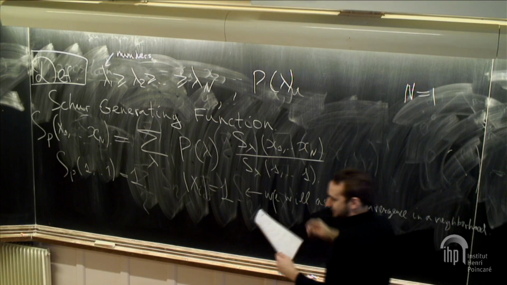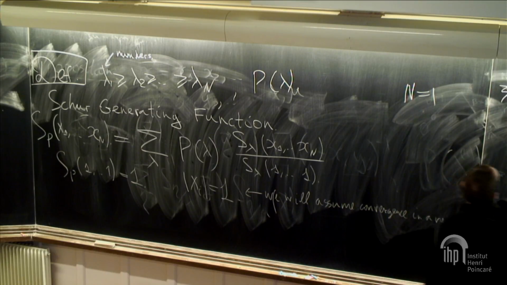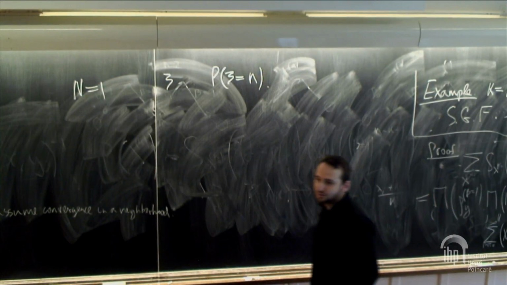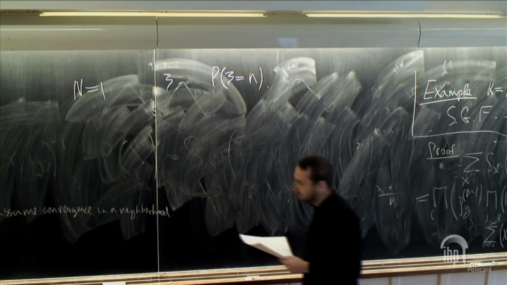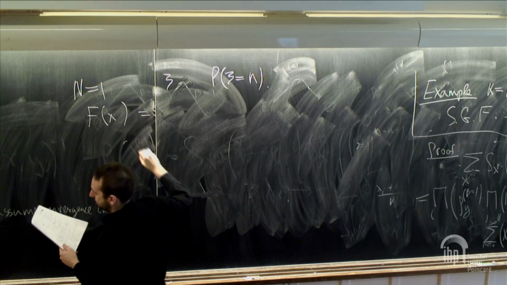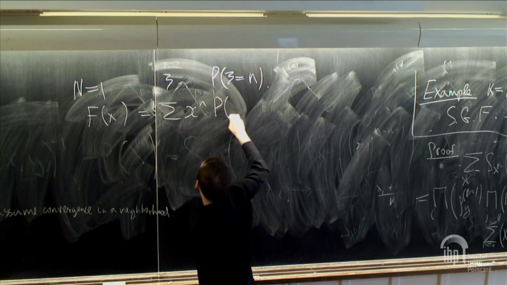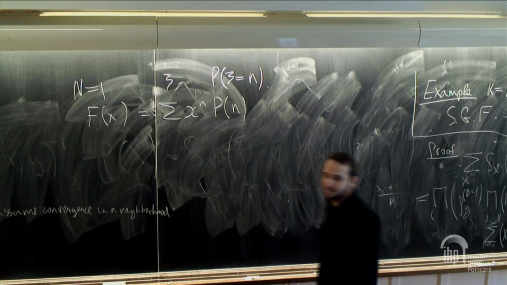Then your generating function is very simple. You have a random variable xi, and you have some probabilities that this xi is equal to a number, small n. And you have a generating function f of x, which is sum of x to the n p of n.